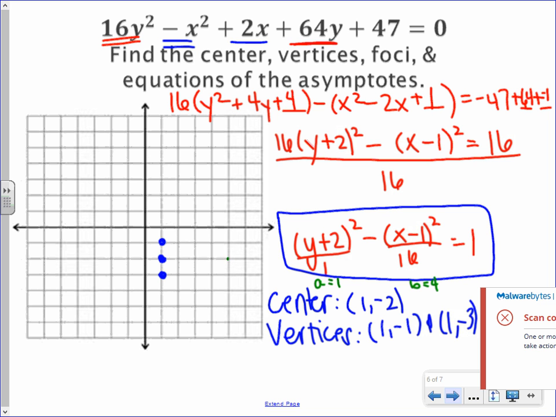1, 2, 3, 4. 1, 2, 3, 4. Okay. So since our B is associated with x, we're moving horizontally B. Really lightly make that rectangle. And then through the center and corners, oh, that was just not very good at all.